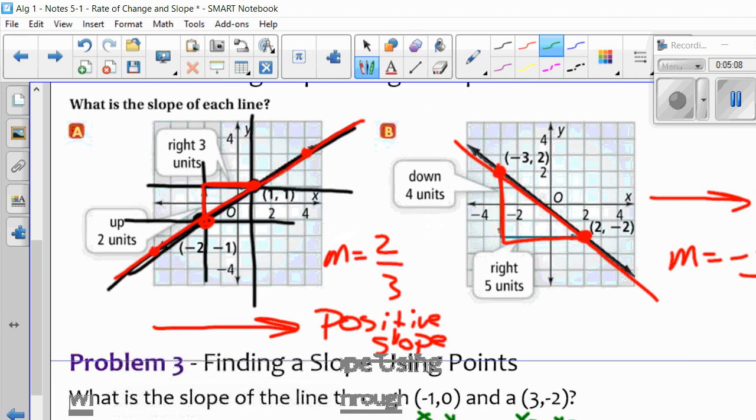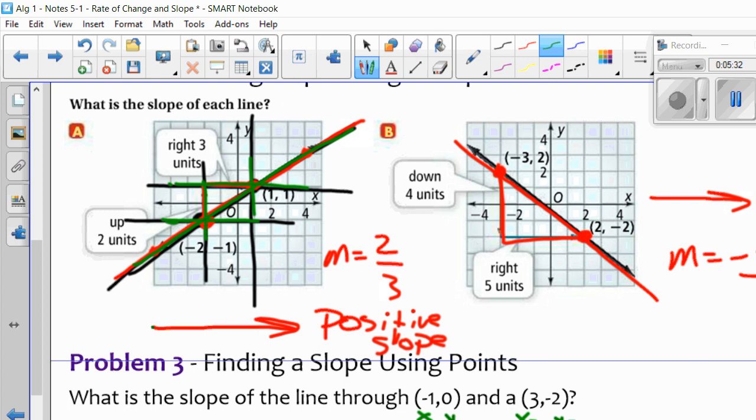Using a graph, I look at my line, and where does my line meet a couple of grid points? Grid points are the X and Y values, the numbers on a graph, sorry. And I look for two other ones. So if I look there, my line actually crosses 2 points. So what did I do between those 2 points?